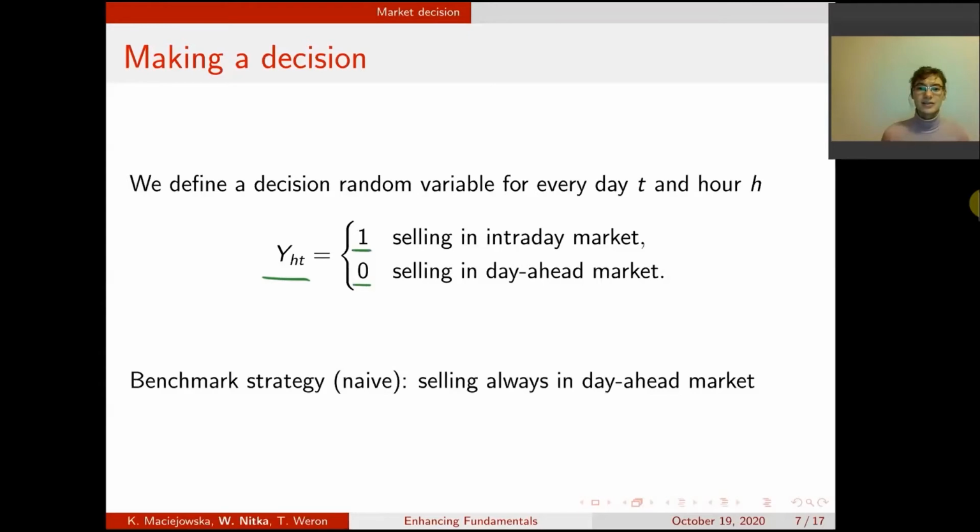And selling in the day-ahead market is the most obvious basic choice a company can make, and this is why we take it as our benchmark strategy. To it we will compare our results.